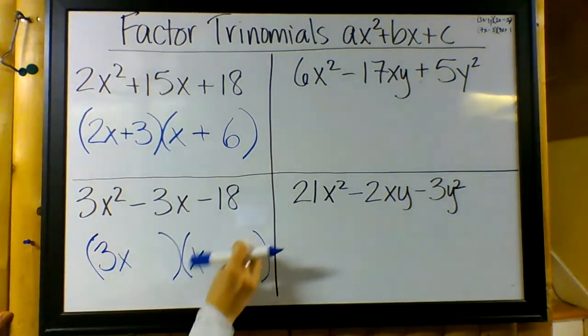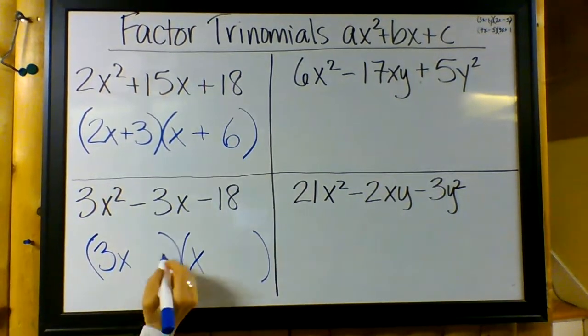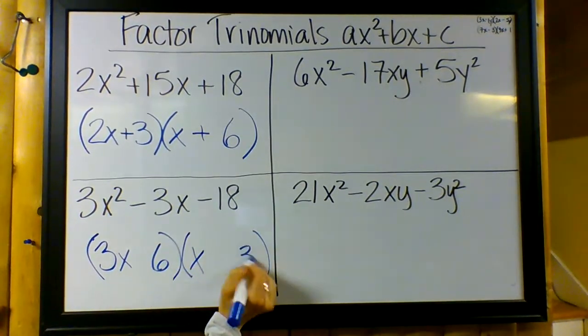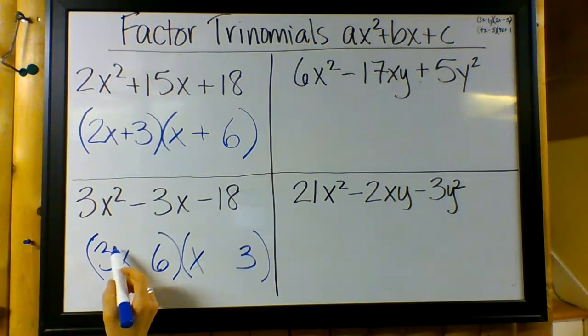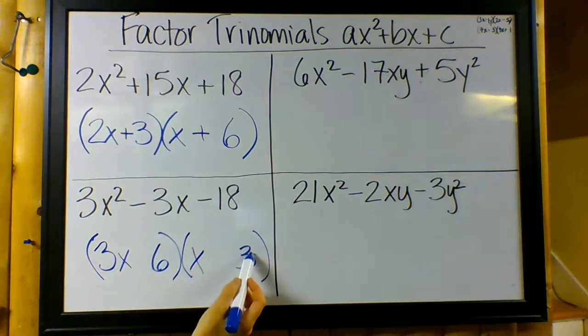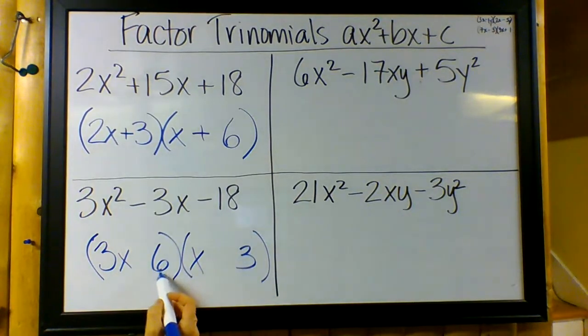So I'm going to get rid of that. And let's see, how about if I put my 6 here and my 3 here? Well, oh, look what I forgot to do. I forgot to pull out a greatest common factor, didn't I? Oh my gosh, I guess we'll have to do it at the end. Well, let's check this. 3x times 3 is 9x. 6 times x is 6x. 9 minus 6 gives me 3.